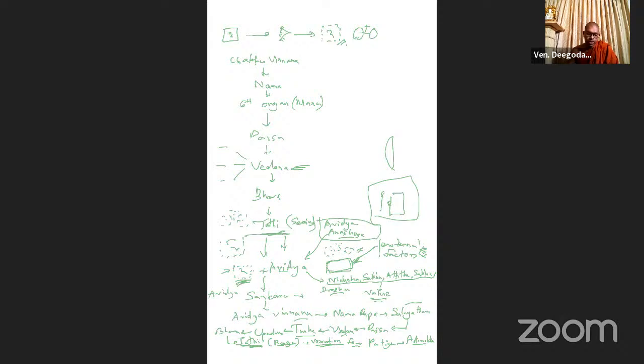Through this Paticca Samuppada, you can understand the reality of the word anicca, dukkha, and anatta nature. So the basic necessity here is to understand the anicca, dukkha, and anatta nature. The Buddha Dhamma is always about anicca, dukkha, and anatta nature, and the solution for it.